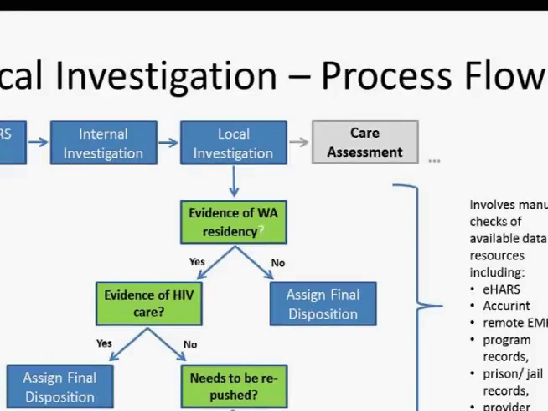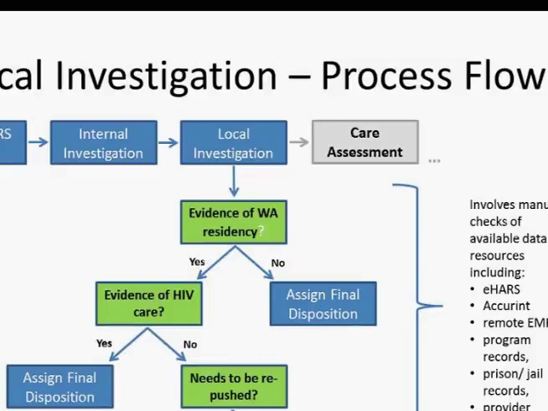So following that, there's the local investigation, which, as you see, has a few different pieces that weren't part of our internal investigation, especially the care assessment and use of many more types of records. But it is a very similar process, and at times there's a possible push to another county if that person is found to have moved, and so this will follow the person around the state until we determine that they're either not in our state or that they're in care.